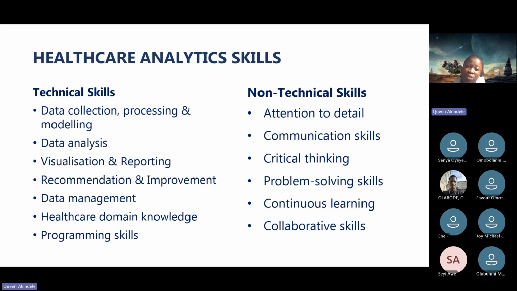You also have to know how to make visualizations and report your findings to the relevant stakeholders. You have to know how to make recommendations and improvements from your data. It's not just about analyzing data alone or knowing how to use visualization tools. And then you also have to know how to manage your data. And sometimes there will be someone in charge of the data management, and you are just analyzing data.